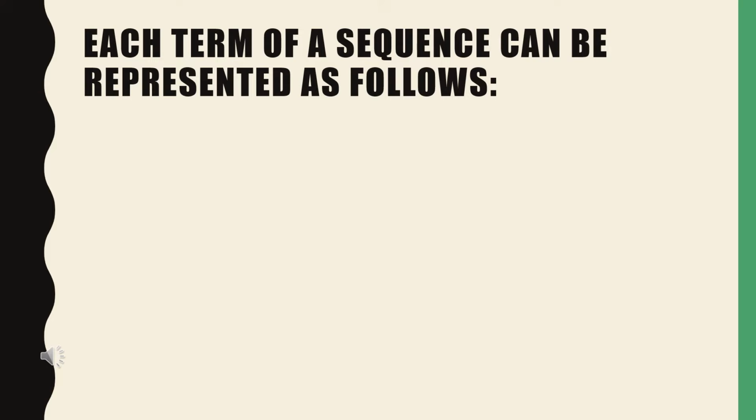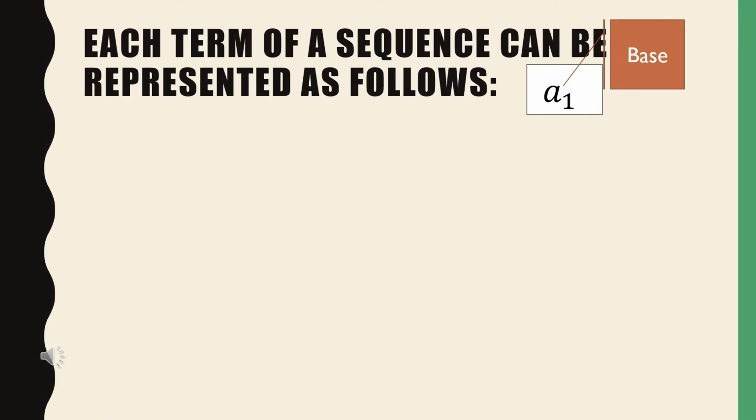Each term of a sequence can be represented as follows, and the letter that we are going to use for a term is A. This is a very basic concept, but I want you to know about subscripts. Say we have the first term, or A1.